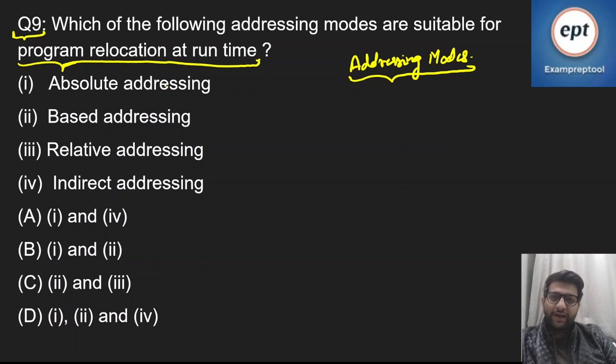Option 1 is absolute addressing. This is another name for direct addressing.